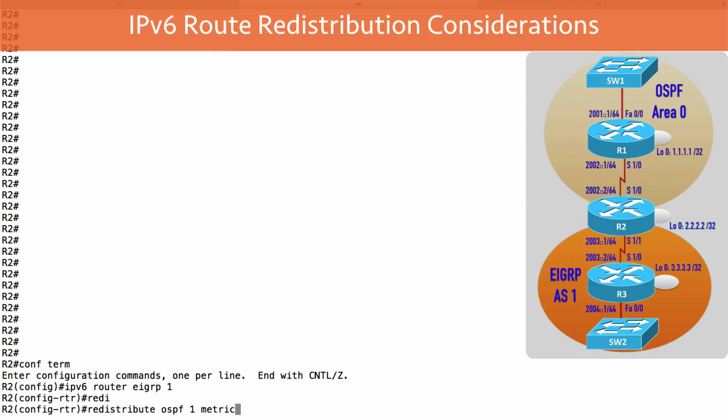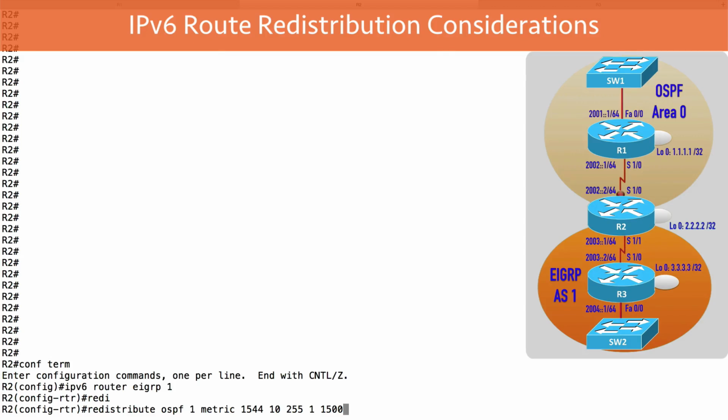It looks like we're on a serial link, so I will set the bandwidth to a T1 speed, 1.544 megabits per second. I'll set the delay to 10, where the unit of measure is in tens of microseconds. I'll say that I am 100% reliable, I am minimally loaded, and I've got a default MTU.